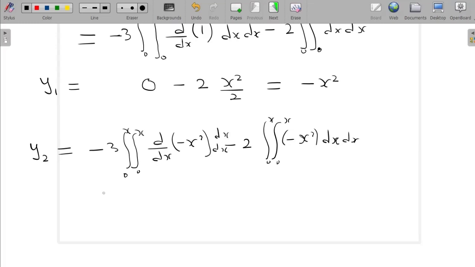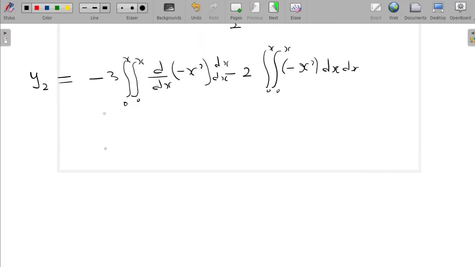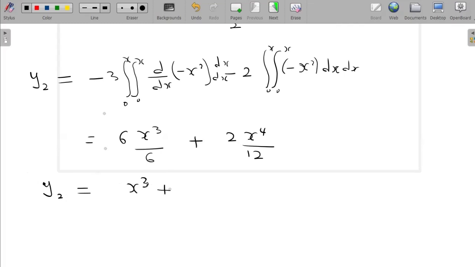If we simplify this, we differentiate negative x squared and then integrate twice, which results in 6x raised to power 3 over 6 plus 2x raised to power 4 over 12. Simplifying, y2 becomes x raised to power 3 plus 1 over 6 x raised to power 4.